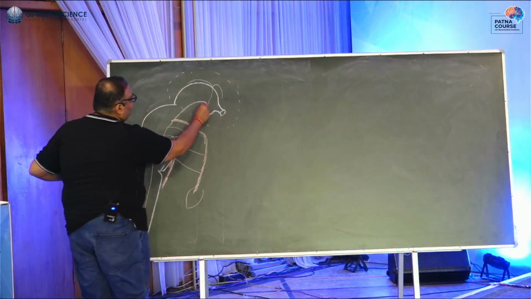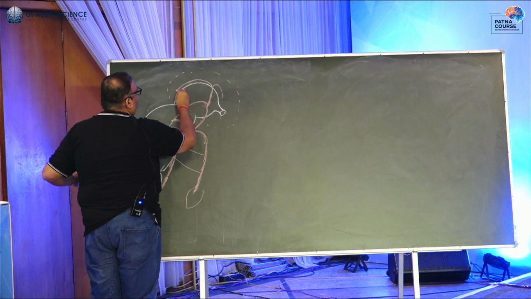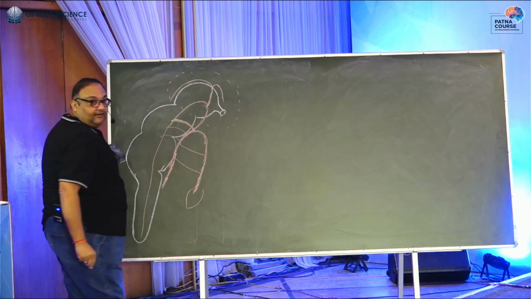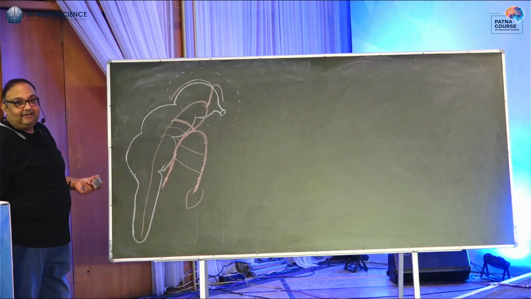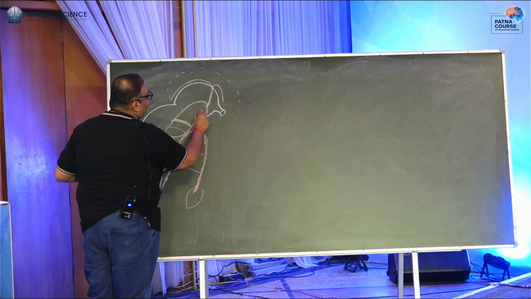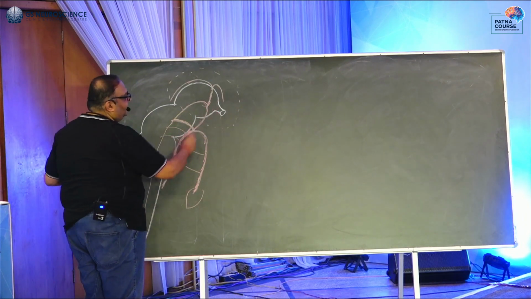Now, this vessel is giving a branch, which is dividing into a posteriorly going branch and an anteriorly going branch. So we can automatically understand that the branch which is coming anteriorly from this structure is going to supply the developing optic placode.